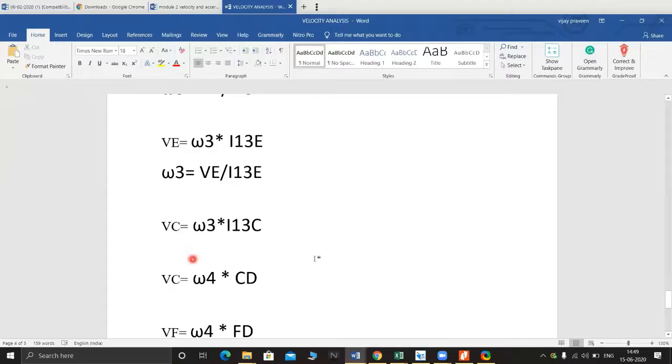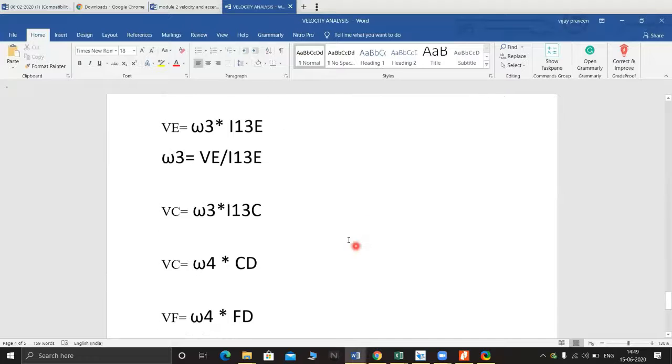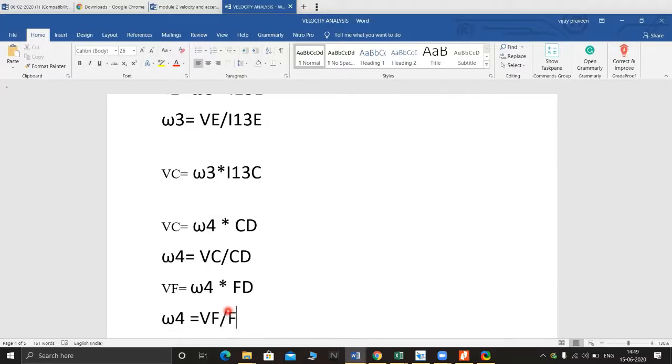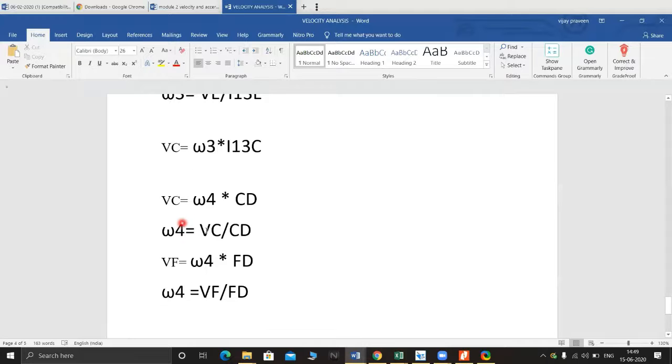Similarly, for omega 4, omega 4 is equal to Vc divided by CD, if you know Vc and CD. Or using the second equation, if you know Vf, then Vf divided by FD. So if you know any parameter, using either equation, we can identify the quantities.